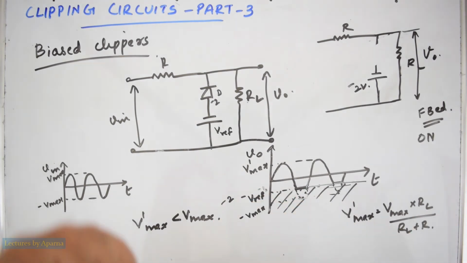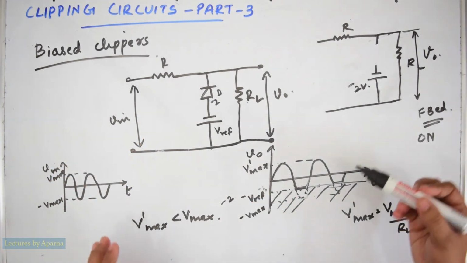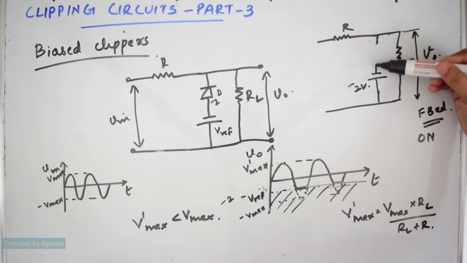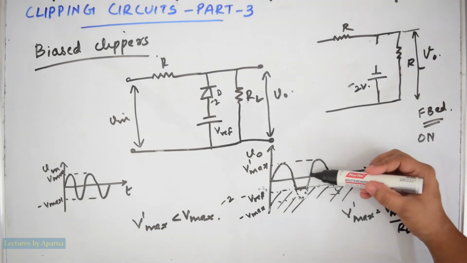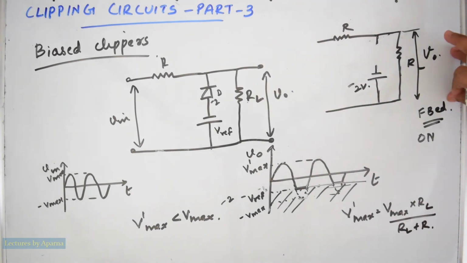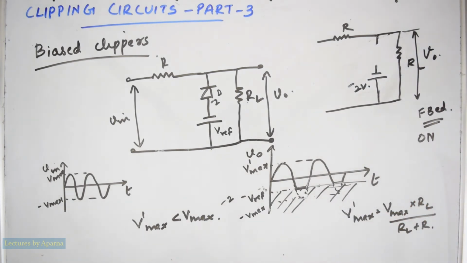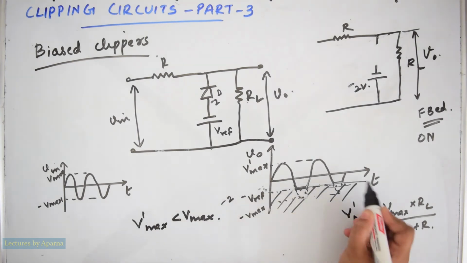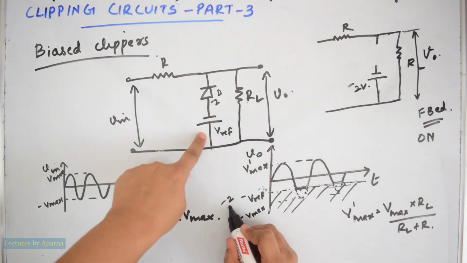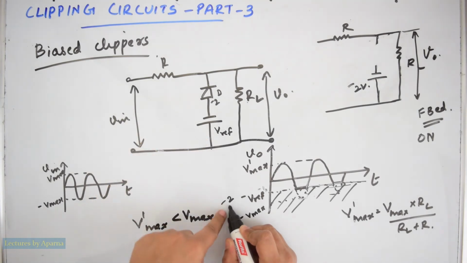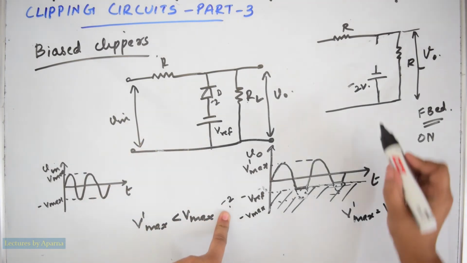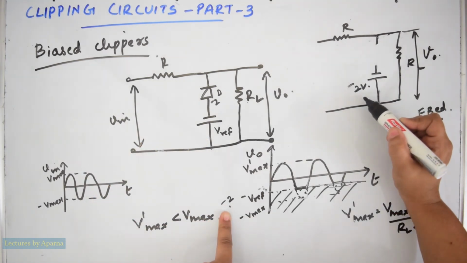Again, when the positive half cycle comes, the diode will be in reverse bias condition only. And the input wave will appear at the output with a reduced voltage. Likewise, in the negative half cycle, it will be clipped off at minus 2 volt. We took V reference here as minus 2 volt. So here it will be clipped off at minus 2 volt.